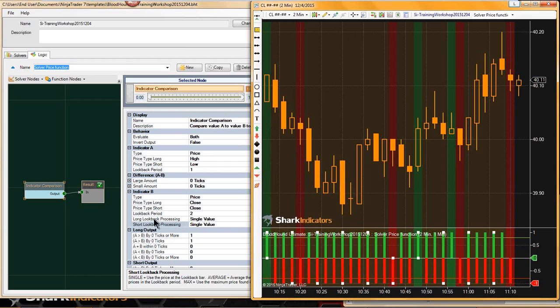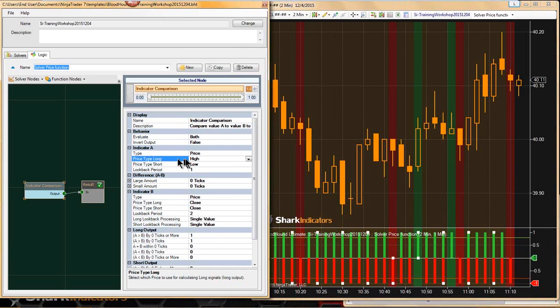Having BloodHound calculate the long separately from the short is what allows us to use a different piece of price to calculate the long output, and a different price value to calculate the short.